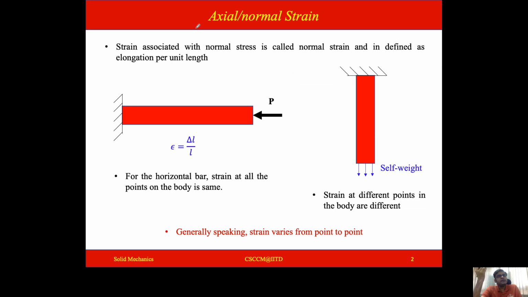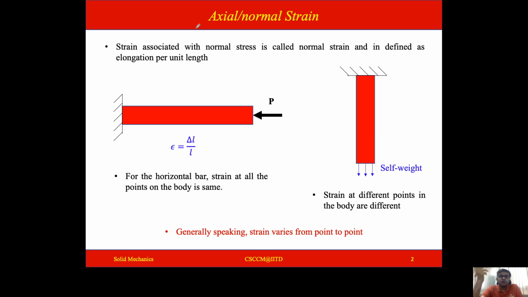Now, if you go by the definition of strain that all of us know, even before entering engineering, there is something about strain that we studied. And by that definition, what is strain? So strain is basically change in length by the actual length.